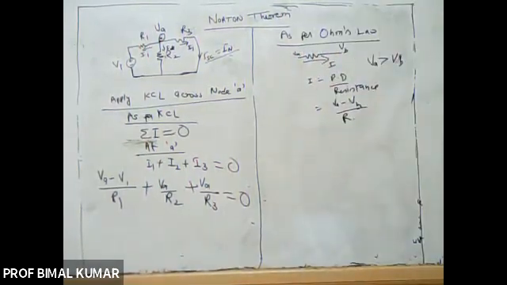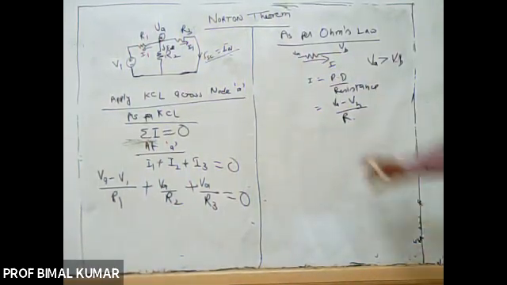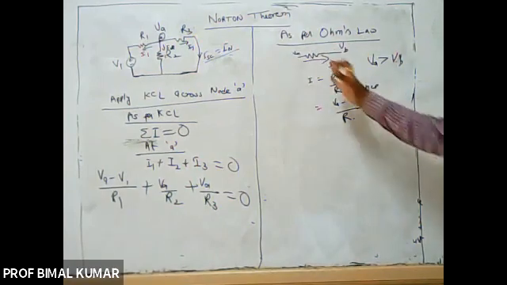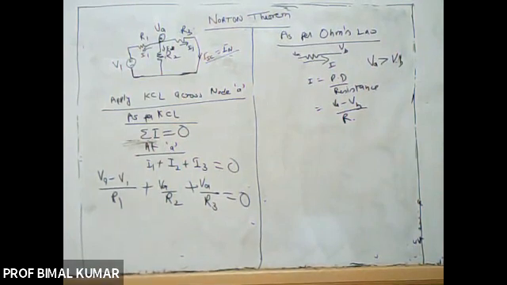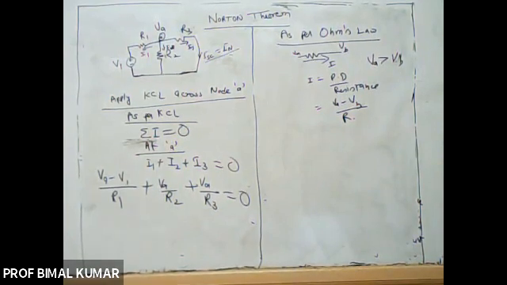So potential at one terminal is VA, potential at the other terminal is VB. If this is the direction of the current, current will always flow from higher potential towards lower potential. This is the nature of the current. Current will not flow from lower potential towards higher potential.